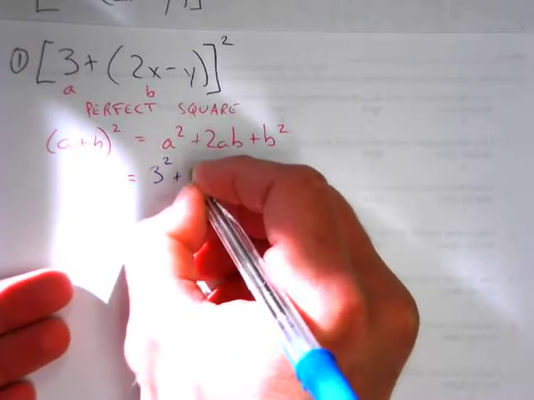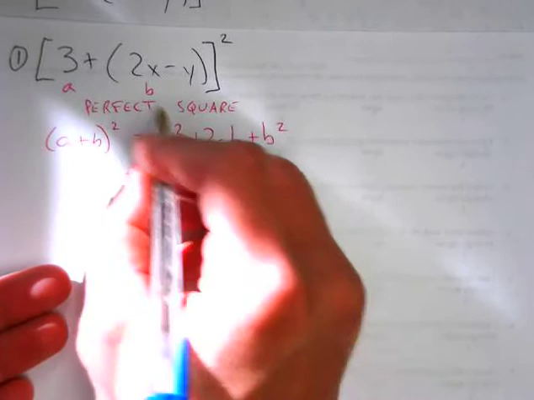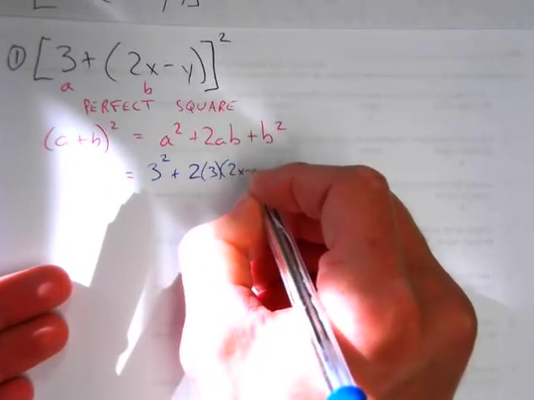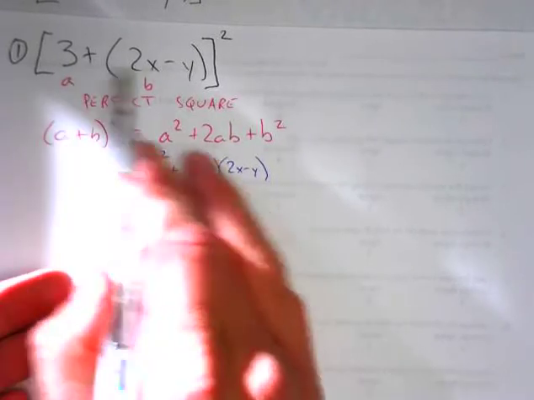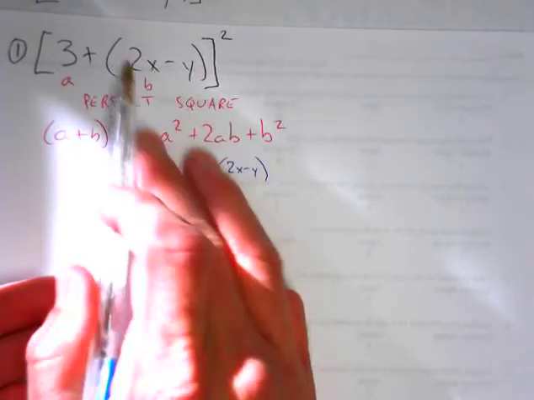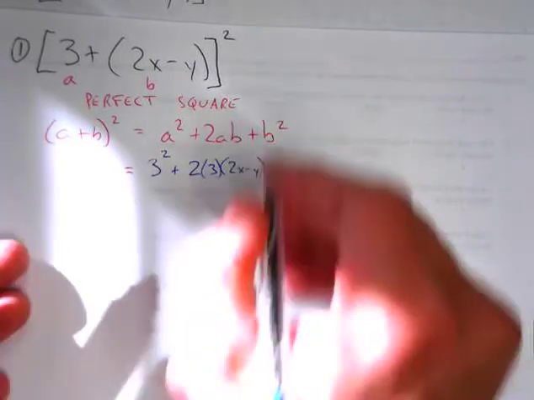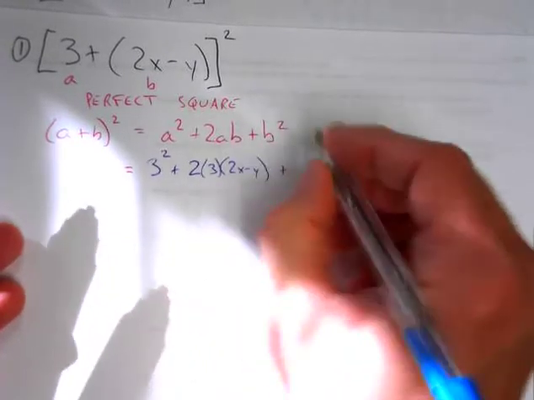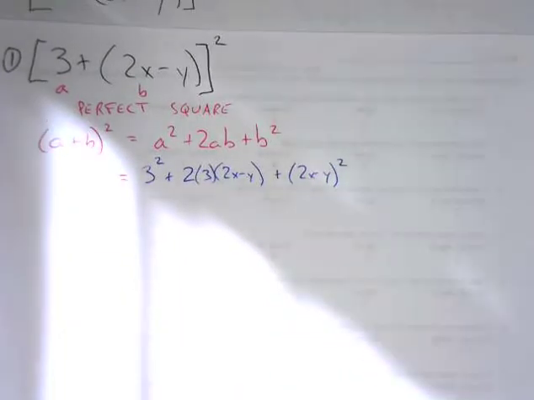And then we have 2 times a, again 3, times b. b is 2x minus y. So hopefully you see what just happened, right? This is our a, this is our b. Our b is funny because our b is a big group, right? So if we're using b, then that's what the b is. And then we have b squared. So b squared is this crazy thing squared, right?